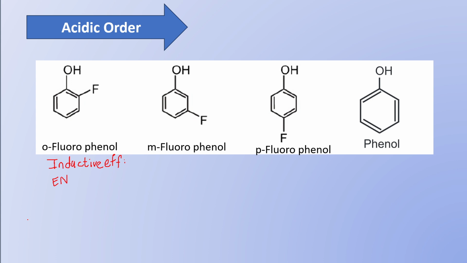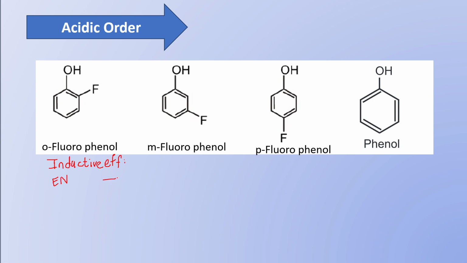The electronegative atoms pull the electrons from the compounds they are attached to. As we know, fluorine is the most electronegative atom among all the elements in the periodic table till now, so it has the highest tendency of pulling electrons from the carbon chain. Now we have this basic idea about electronegativity.